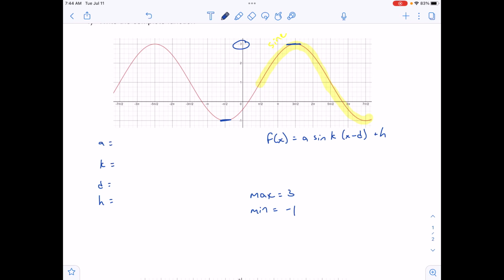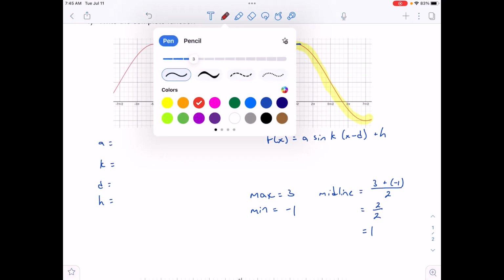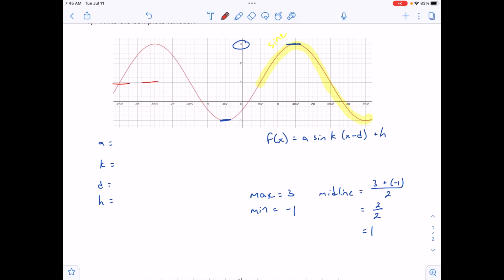So if you can't figure out halfway between 3 and -1, we're just going to take the average of them. We're going to add 3 and -1, divided by 2. That'll be 2 over 2, which is just 1. And you may have been able to get there on your own without needing to do that average, and that is a-okay. So our midline here is located at 1.